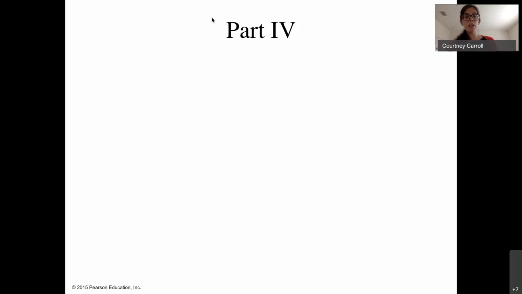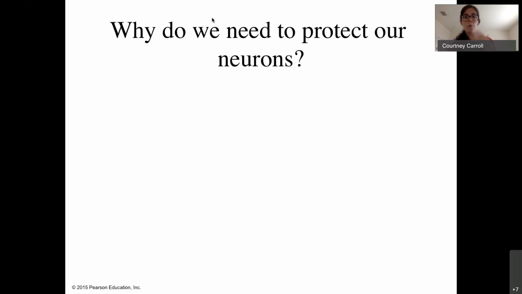So we're going to switch gears and we're going to talk about this question that's kind of been an overarching question about neurons and why we protect neurons. We talked about it a little bit when we covered glia, especially when we're talking about the blood-brain barrier. But the main reason we need to protect neurons is they are post-mitotic cells, so they do not divide.